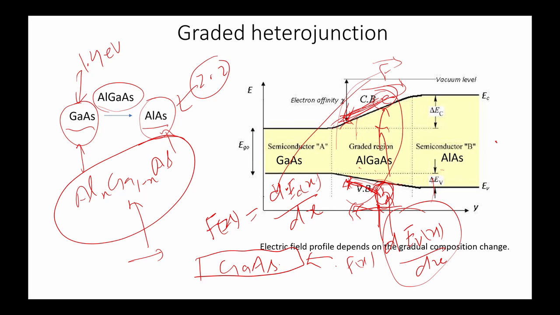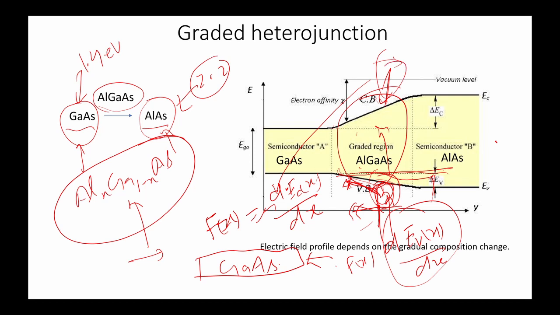Another thing I wanted to tell, which I already told once, is that the electric field in this region can be exponential, can be constant, or can be anything. It can be constant also, can be zero also. If we make this junction such that delta Ev is equal to 0, there is no field for the holes, but there is a field for the electrons.